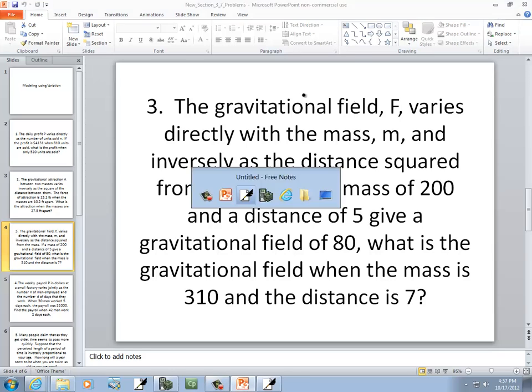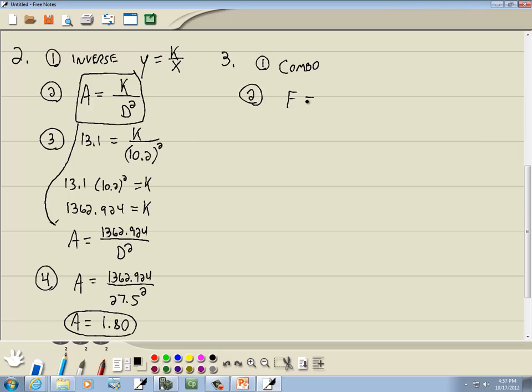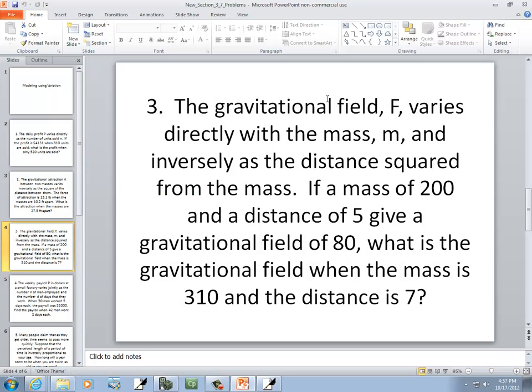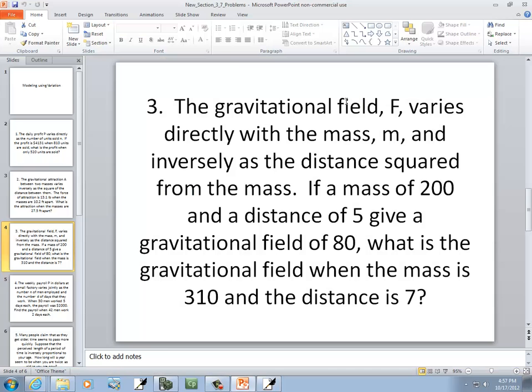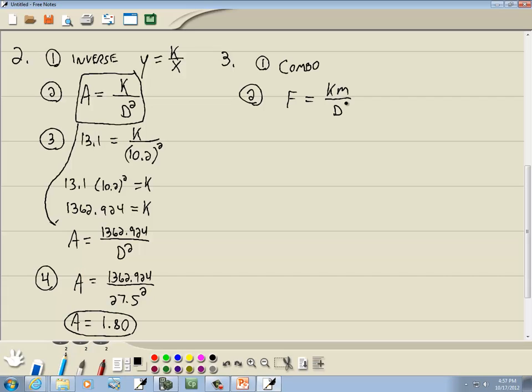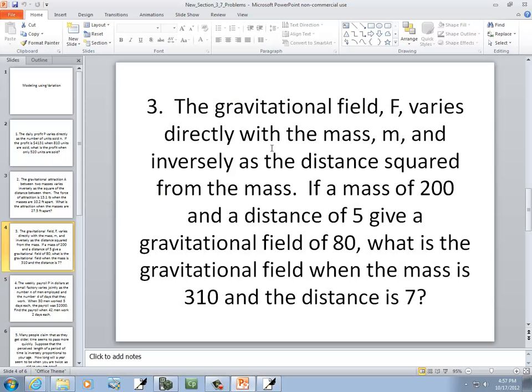Varies is where equals goes. So we'll have F equals directly with the mass m, so I'm going to have km, and inversely as the distance squared. So d for distance, so d squared. Now always the inverse part goes down in your denominator. Everything else I'll put up on top.